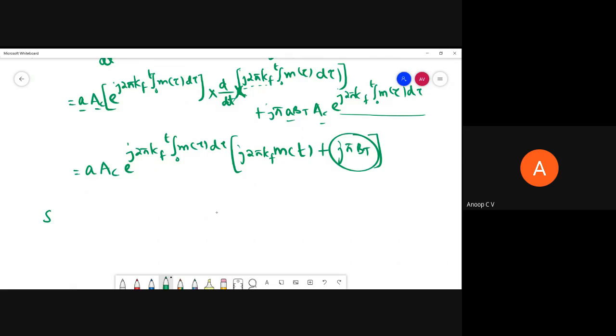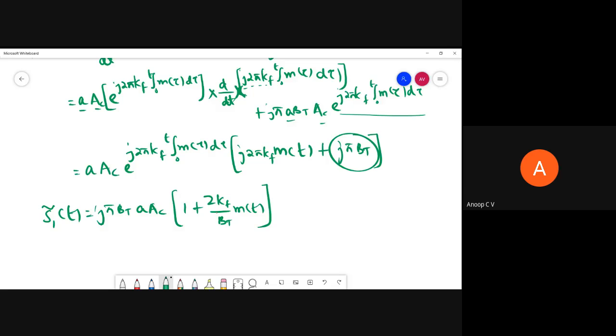So what I'm getting is s1 tilde of t equal to j pi b t a_c times (1 plus 2 k_f by b t into m(t)). Pi is already there, j is also taken out, so it will become 2 k_f by b t into m(t). This is what s1 tilde of t is.